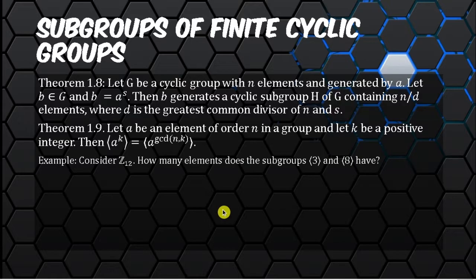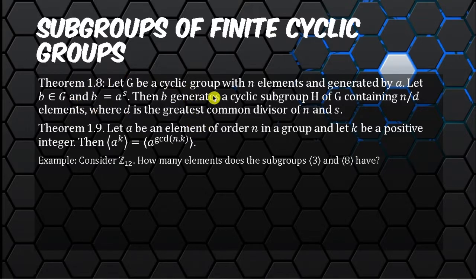Saan natin ba ito pwedeng gamitin? Yung unang theorem, it's actually telling us how we could compute the number of elements of a particular subgroup. Kanina ulit, when we computed for the subgroups, parang wala pa tayong idea kung saan tayo mag-stop to, kung ilang beses natin kailangang i-evaluate yung A raised to N para lang makarating sa identity element.